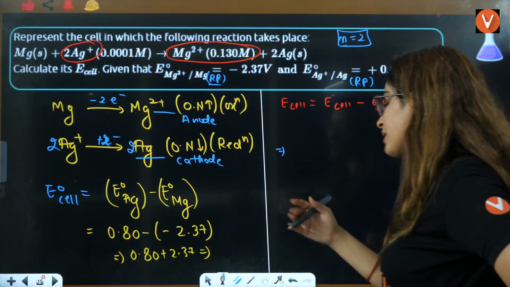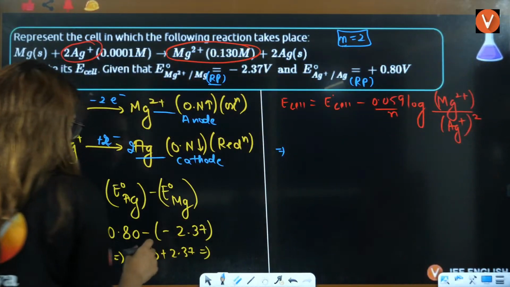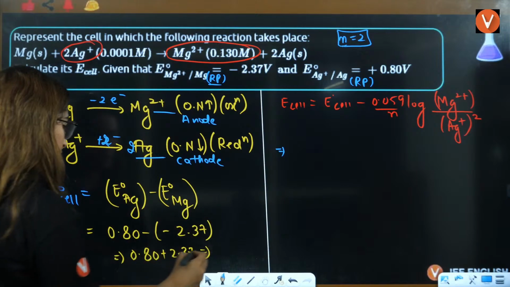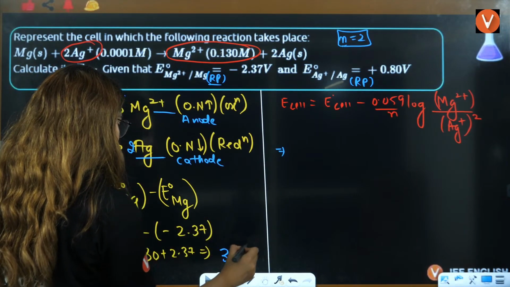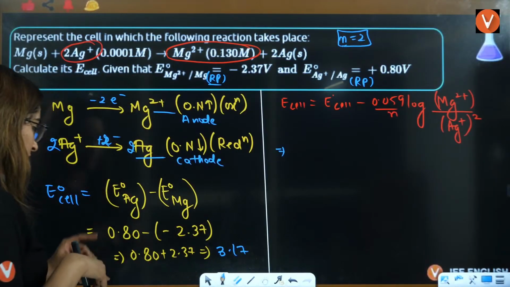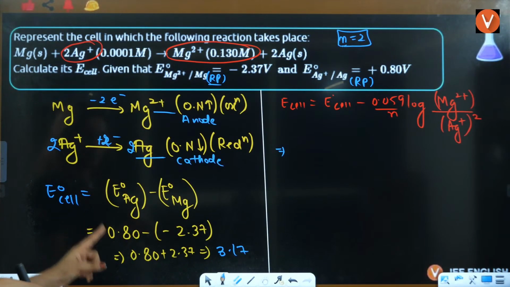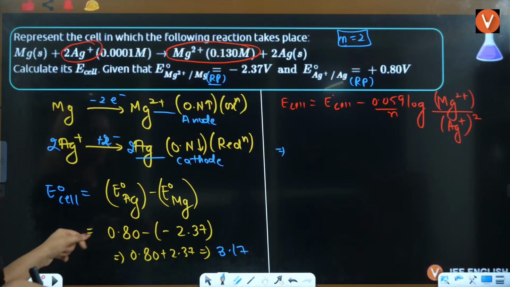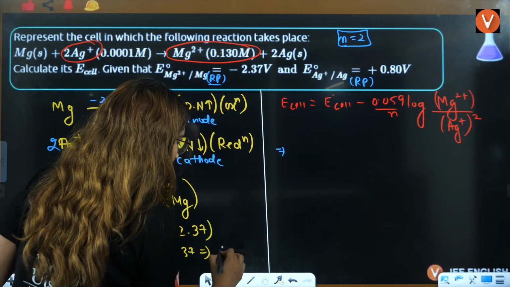E naught cell, you can calculate it from here. 0.80 plus 2.37, that is 3.17, I think so, right?